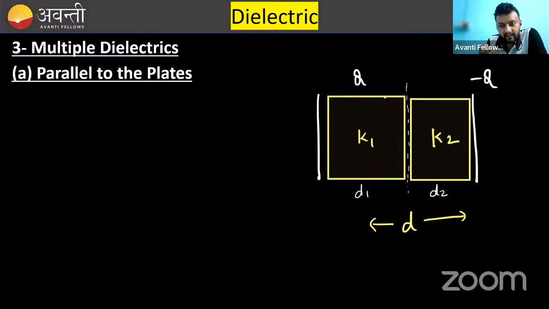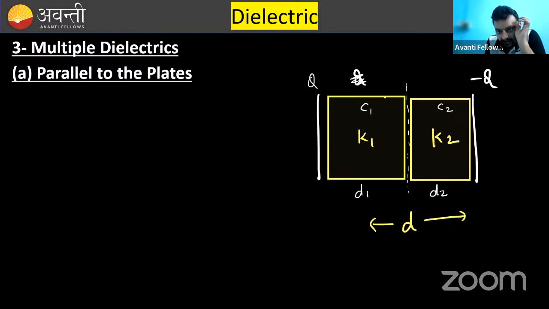Now, at the interface, I'm telling you in short, this is the interface of two dielectrics. So this forms a capacitance. Let's suppose this is a capacitor of capacitance C1 and this is a capacitor of capacitance C2. What I am saying is that the dielectrics are filled parallel to the plates in this way.